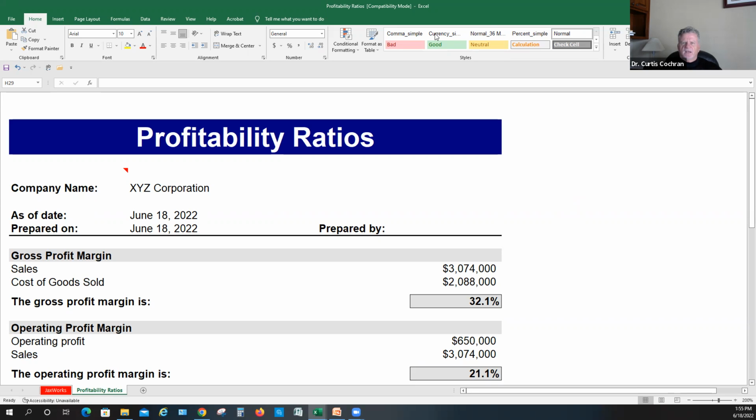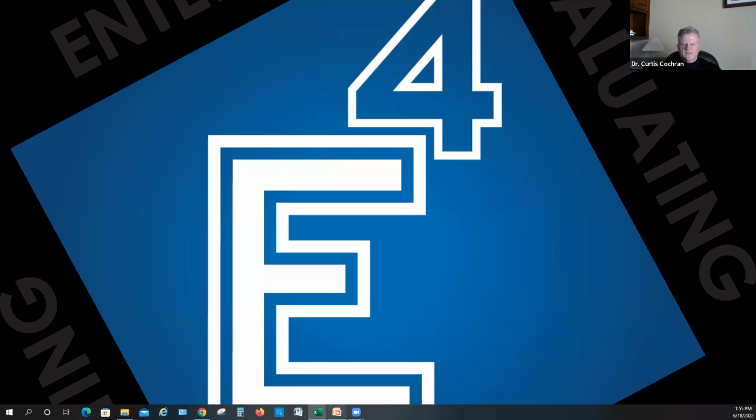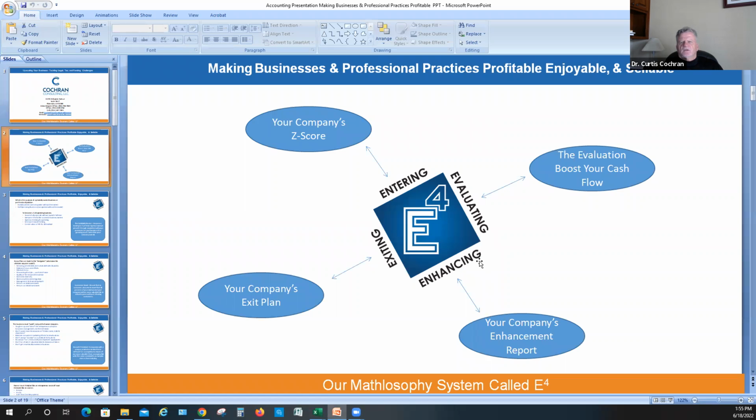Are these things. Now, let me go back to, I want to go back to this slide again. Our system right here is really, really powerful. I'll tell you, and I'm not saying that because we developed this system, but our system is really the 4 cycles of business ownership. You are in one of these 4 cycles.